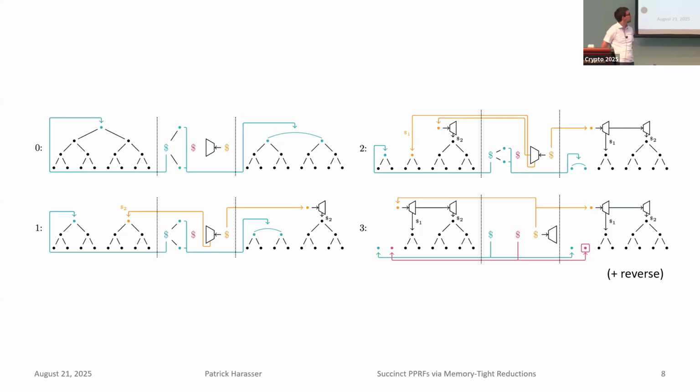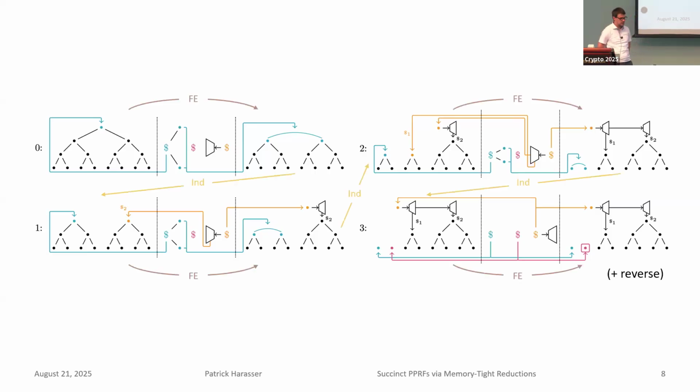OK, so let me back up for a second and take a look at what we did so far. We have seen a sequence of hybrids that gives a memory type reduction for the GGM PRF for adversaries that do not repeat queries. And it does so by an alternating sequence of functional equivalence and computational indistinguishability steps that end up randomizing the output of the construction at one particular point.